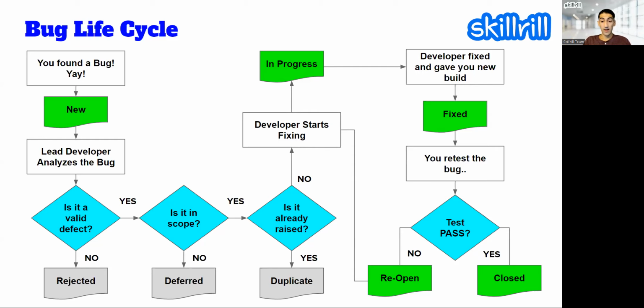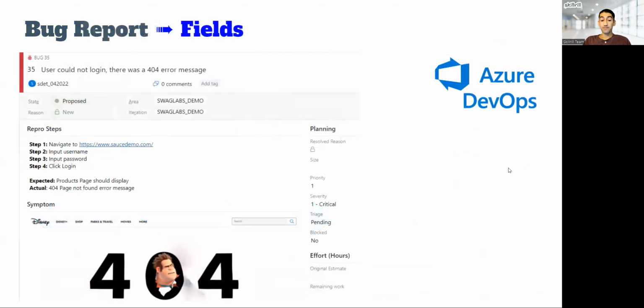All right, so here's an example of a defect from Azure DevOps, the test management tool that we used yesterday. As you can see here, you're going to create a bug, and the first thing that you do is you give a title to the bug.